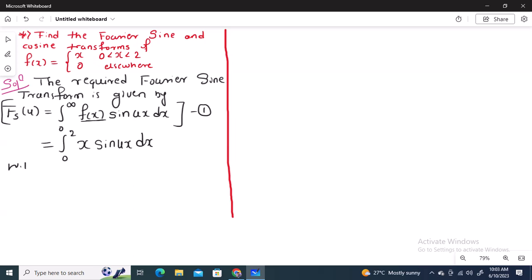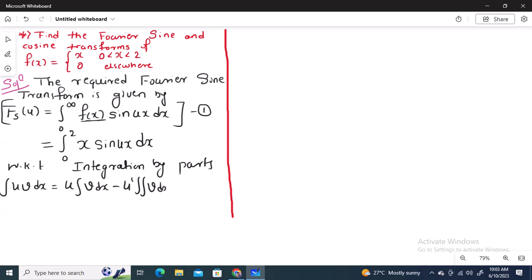We know the integration by parts general method, or Bernoulli's rule. What is that? Integral of U V dx equals U times integral of V dx, minus U dash into double integral of V dx, plus U double dash into triple integral of V dx, plus or minus etc.